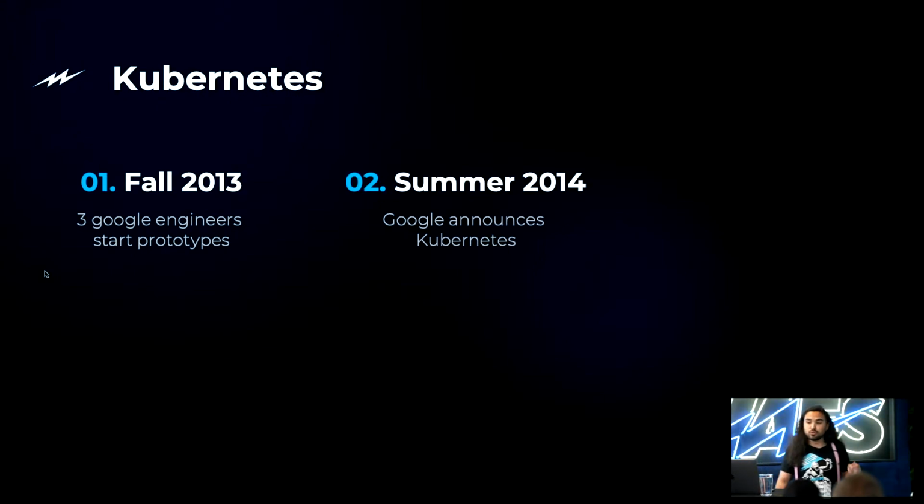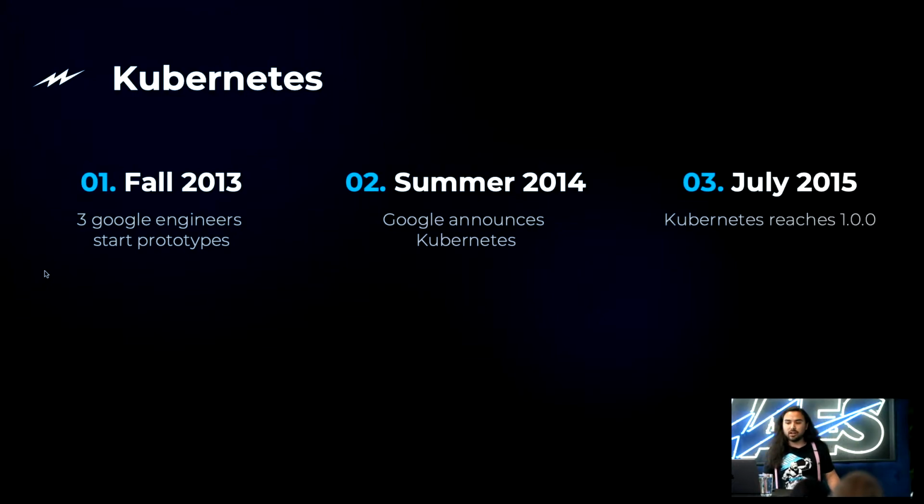In the summer of 2014, Google announced Kubernetes to the world. And in July 2015, Kubernetes reached 1.0.0. That's a major achievement. We developers know that when we reach the first major release, it indicates to the world that the project is stable and can be used by others.